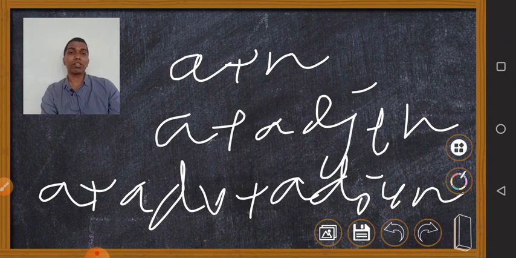The first structure A plus N, the second structure A plus ADJ plus N, the third structure A plus ADV plus ADJ plus N. Don't think it's a mathematics class. I am not teaching you mathematics. What I am teaching you is the concept and the definition, the basics of this item.